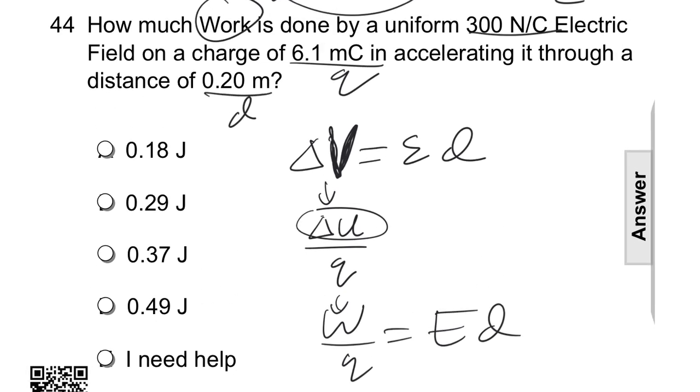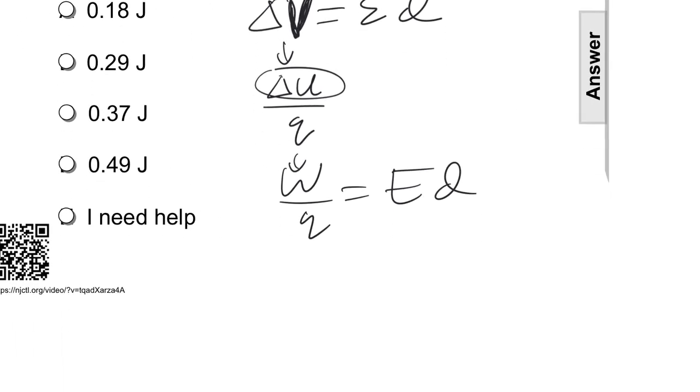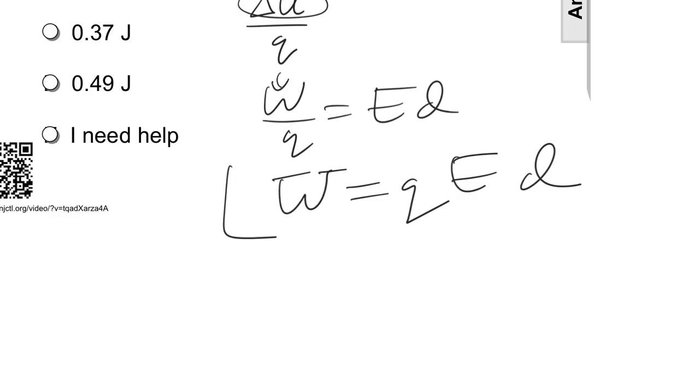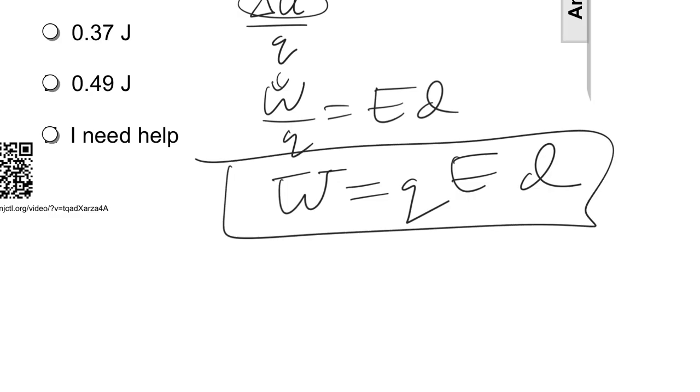So what am I looking for? I'm looking for the work. So work equals QED. You could write this equation on your equation sheet if I didn't put it there.